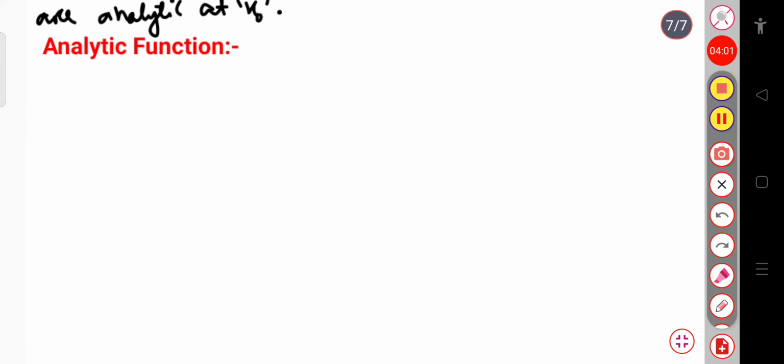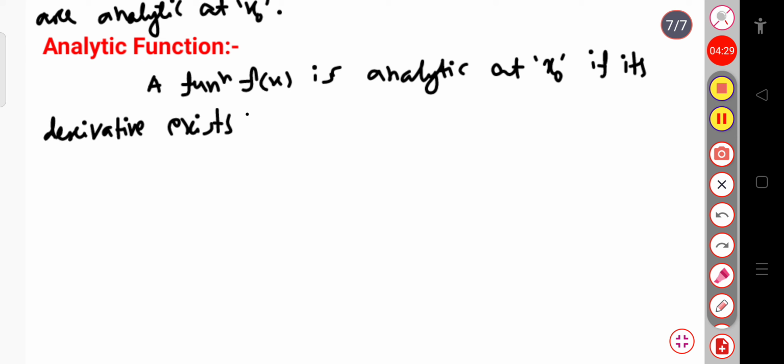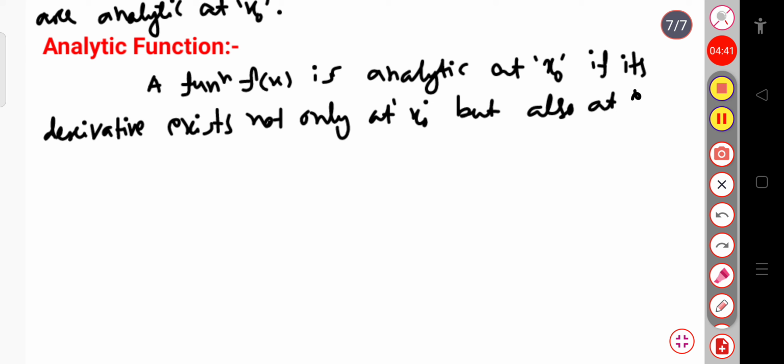A function f(x) is analytic at x0 if its derivative exists, not only at x0 but also at each point in the neighborhood of x0.